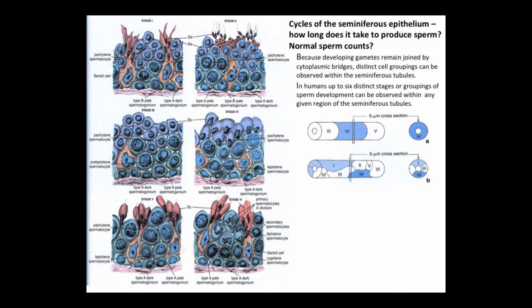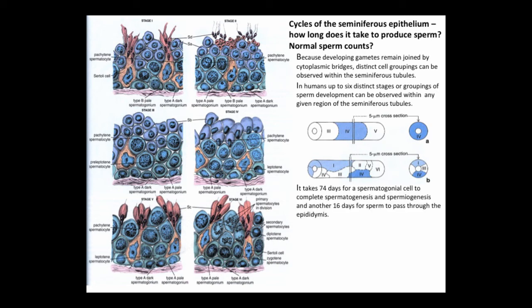In humans, there are up to 6 distinct stages or groupings of sperm development that can be observed within any given region of the seminiferous tubules, and these diagrams on the left show the different stages with some of the cell types that you might see at the different stages. I present this to you because you'll find it in the literature. You probably should just be aware that in humans there can be 6 distinct stages or groupings of sperm development within any given region of the seminiferous tubules.